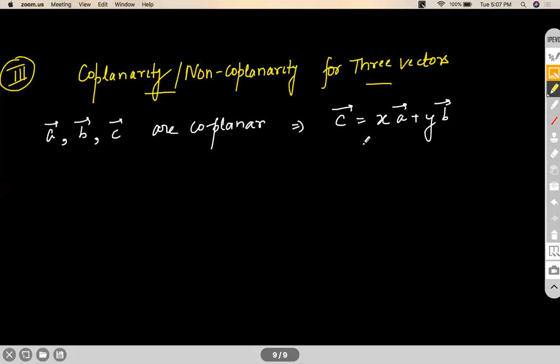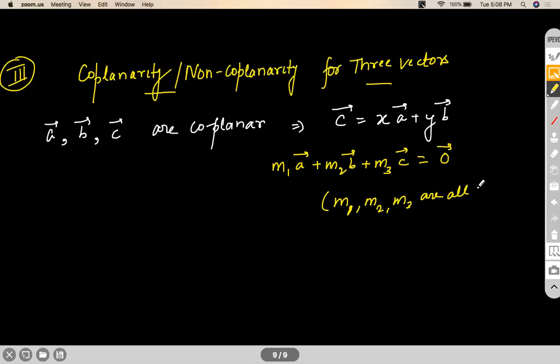Or you can say that if you write a linear combination of these 3 vectors to be a null vector, then M1, M2, M3 are not all 0.